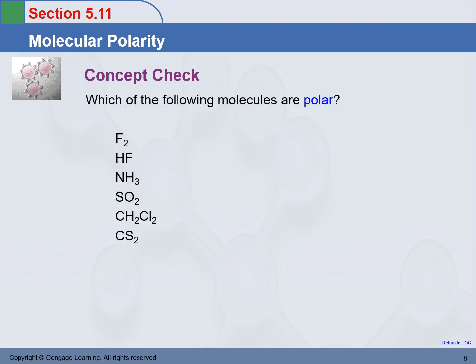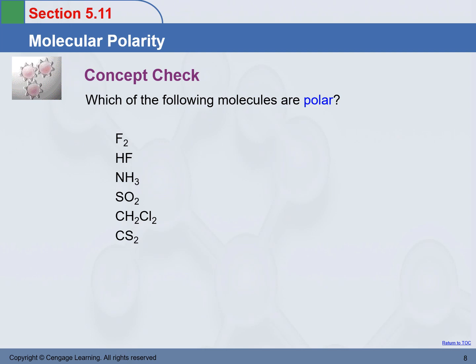Another practice, figure out the polarity of 1, 2, 3, 4, 6 molecules. You can pause the video, go through the procedures we learned earlier, and make your conclusion on each of these molecules.